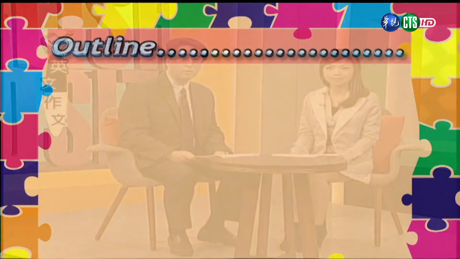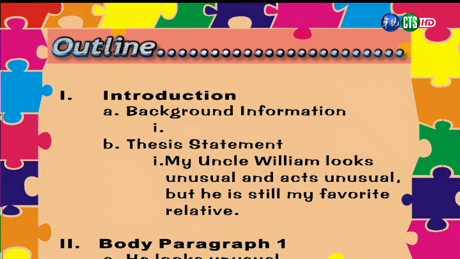So as an example, we're going to start an outline for an essay about Uncle William. We start off with the introduction. There's going to be some background information, but you don't need to know what background information you're going to put in now.